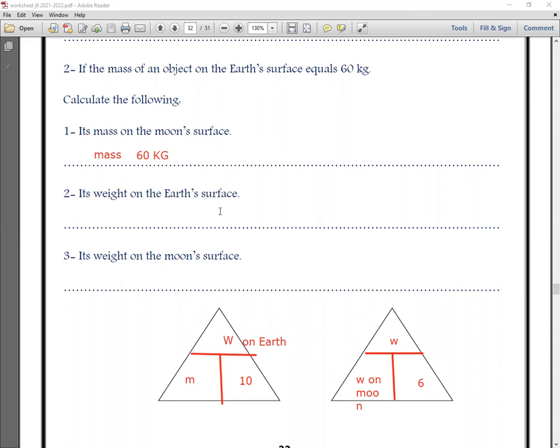Here, find the weight on the Earth's surface. I give you the mass and need the weight on Earth.